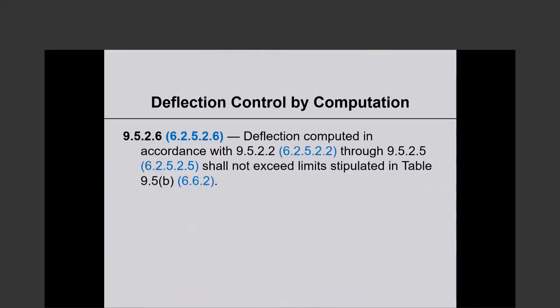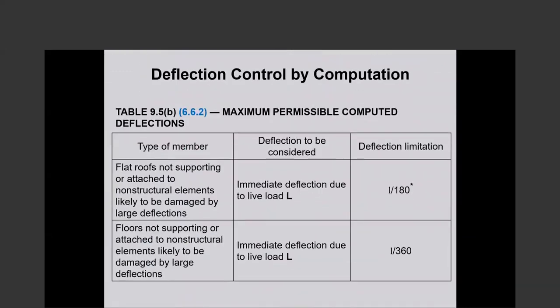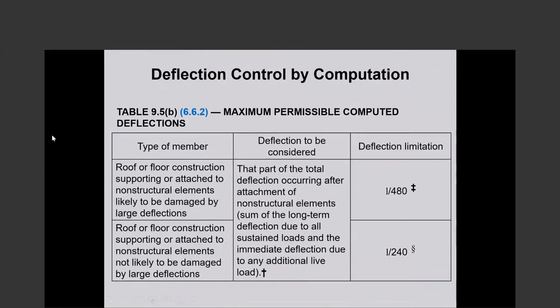As I said, most of the questions you have already answered, Dr. Ghosh, but in the presentation I obviously didn't register that part. So these are the limits, and the limits apply to that part of the total deflection occurring after attachment of non-structural components, which would be the sum of the long-term deflection due to all sustained loads and the immediate deflection due to any additional live load.